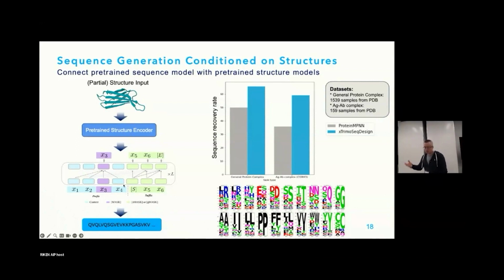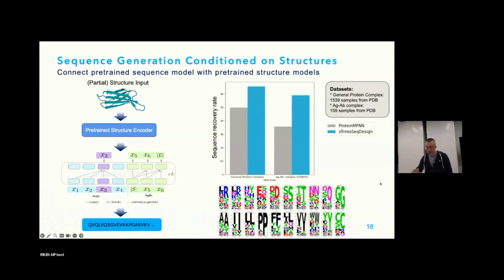If you do that, you will find that the model you built for conditional generation of the sequence, also called the inverse folding model, can get much better performance compared to one very famous model in the field, called ProteinMPNN. It has improved the ability to recover existing protein sequences much better compared to ProteinMPNN.